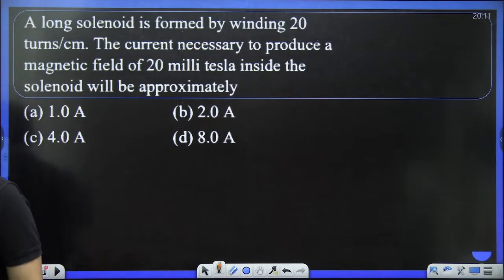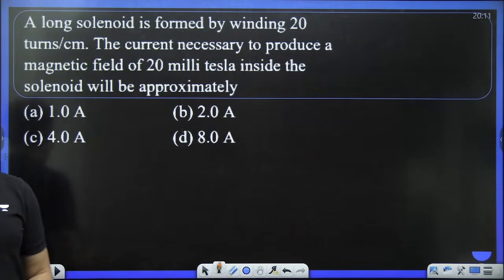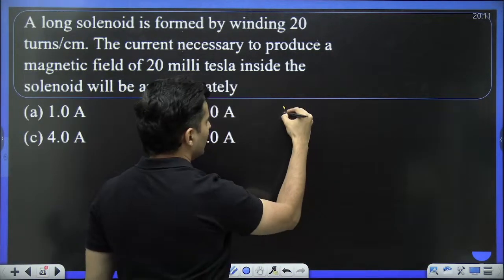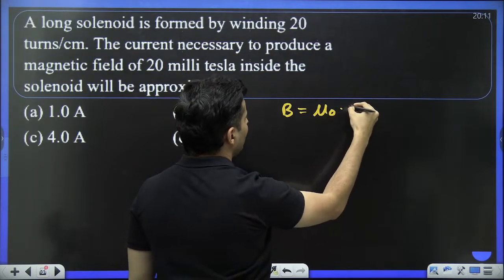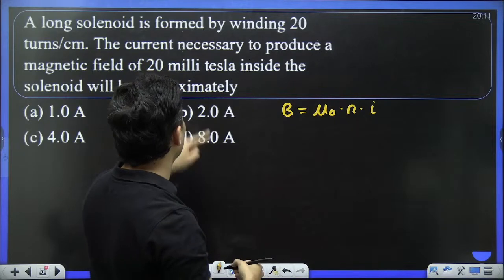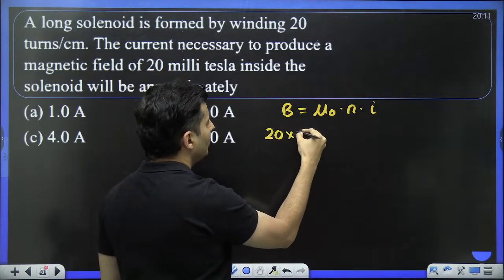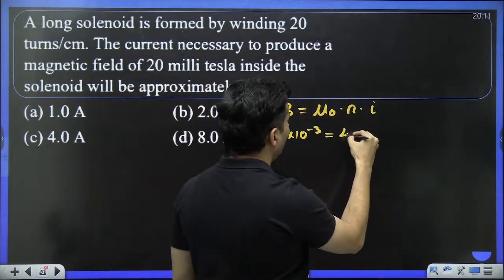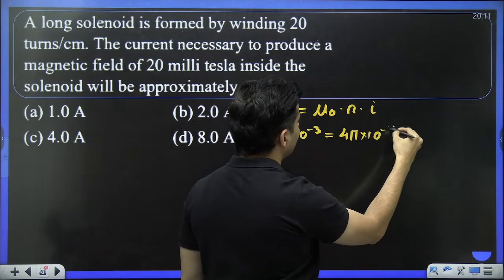Come on, my dear students, use the formula properly. Which formula will you use? It's a solenoid, so the magnetic field is given by mu naught, number of turns per unit length, into current. Question says field is 20 millitesla, so 20 into 10 to the power minus 3 is B. Mu naught I already know is 4 pi into 10 to the power minus 7.